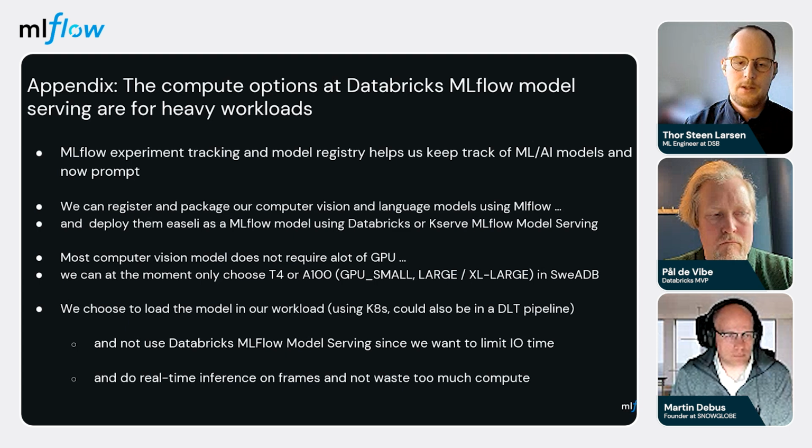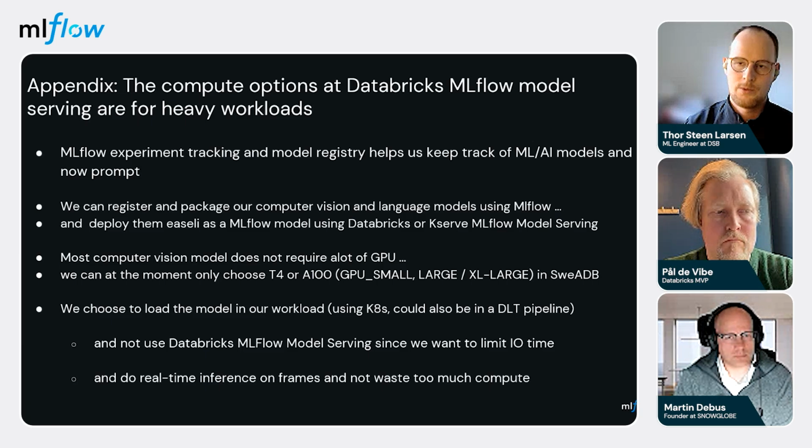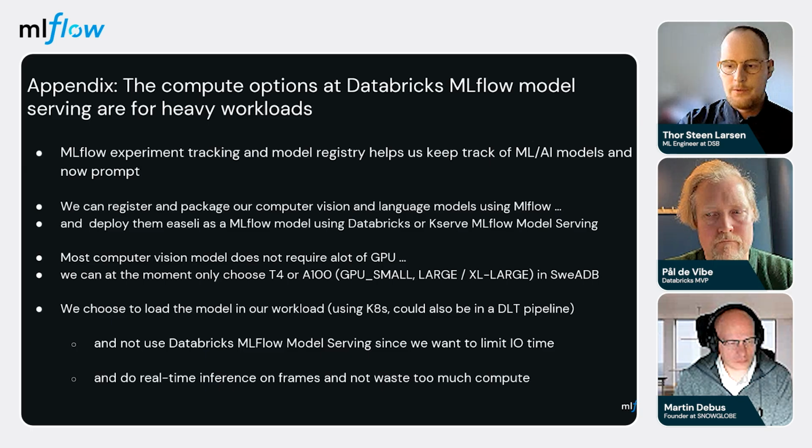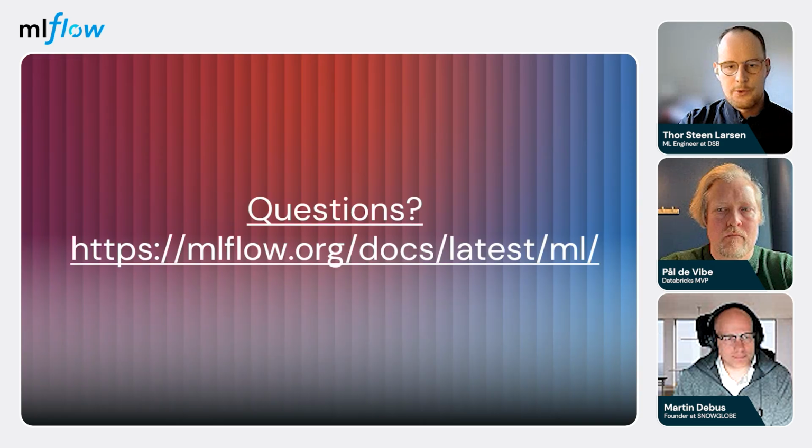Then we got, as I showed you, predict. So we just call predict. We know what's going in and out, right? That worked pretty well for us. I think that's it. And of course, check out the MLflow org for more information.